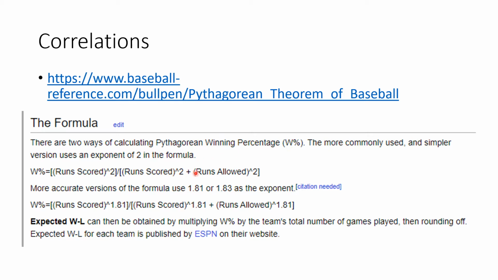He said that the winning percentage should be approximately the runs scored squared in the numerator, and the denominator, in parentheses, is the sum of the runs scored squared plus the runs allowed squared. Runs scored was runs in the previous chart. Don't worry about these more accurate versions. We're going to be using this one in the problem.